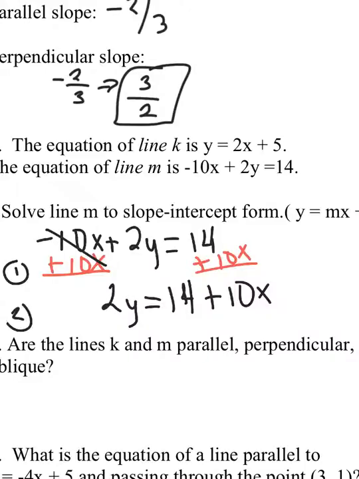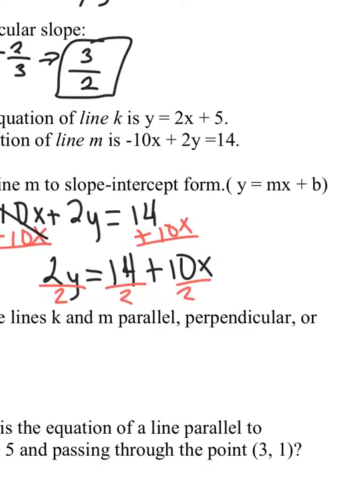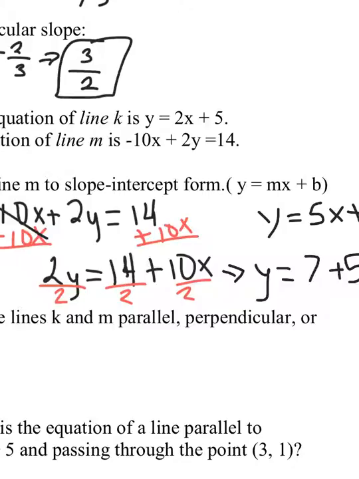Then step 2, divide by the number in front of y. When you do that, you get positive y equals 7 plus 5x. If it makes you feel better, the order can be switched: 5x plus 7, mx plus b. Either way.